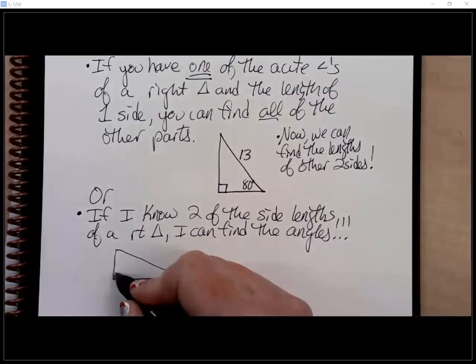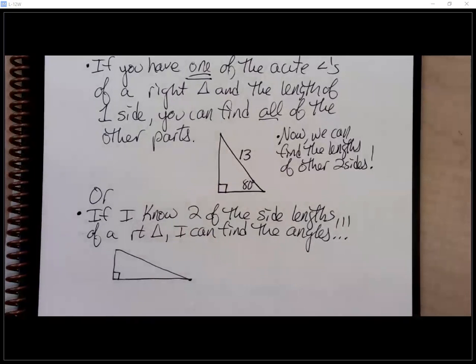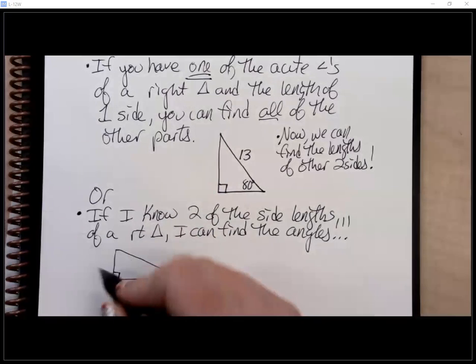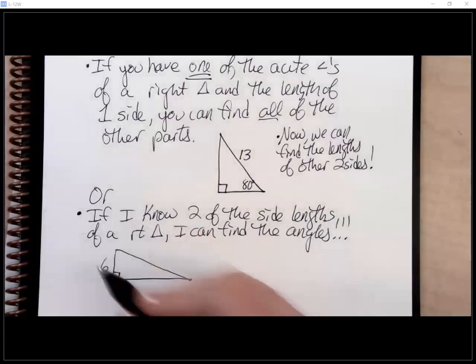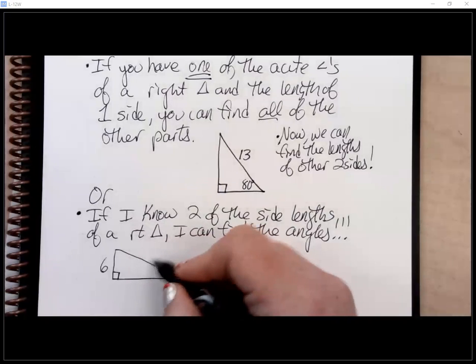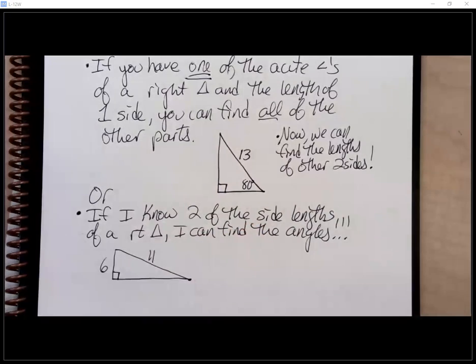But let's say all I know is the right angle. I don't know any of the other angles, but I do know two of the side lengths. They could be anything. Let's say this is 6 and this is 11. If I know that, yes, you can find the third side by doing the Pythagorean theorem. That's old news. But now what I'm telling you is you can actually figure out what the angle measure is in degrees with just that information.